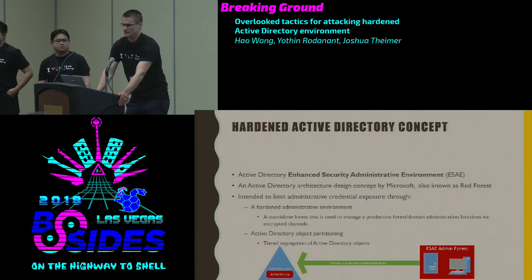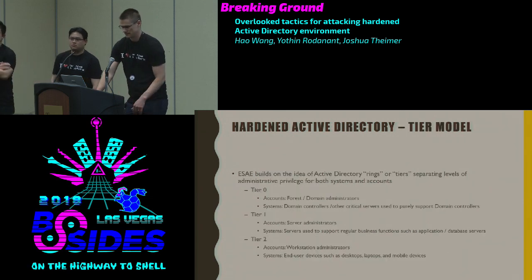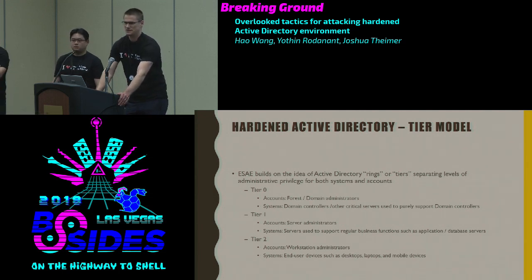This concept is really multi-tiered. The first is to try to provide a hardened administrative environment that is standalone. And then the second is to try to tier and segregate Active Directory objects to try to contain an attacker within a specific zone. So the primary concept is a three-tier model.